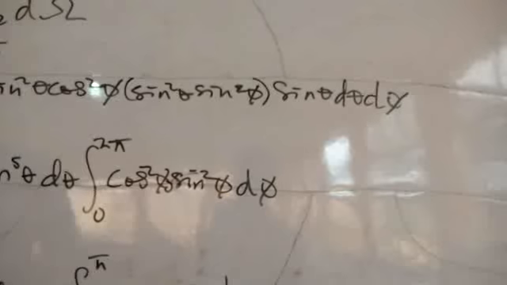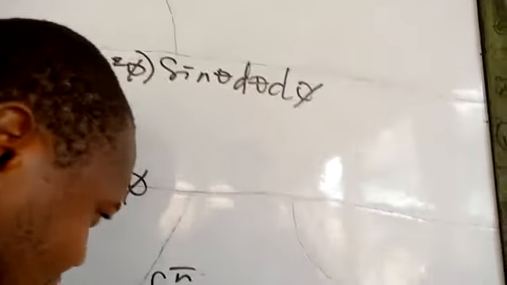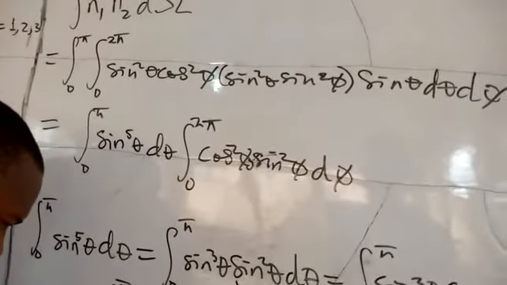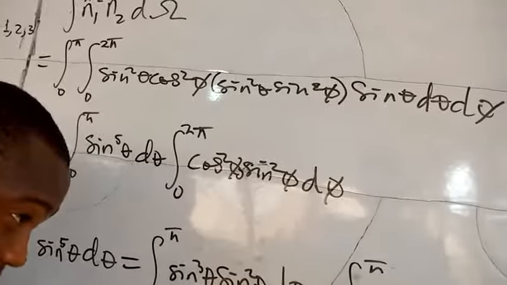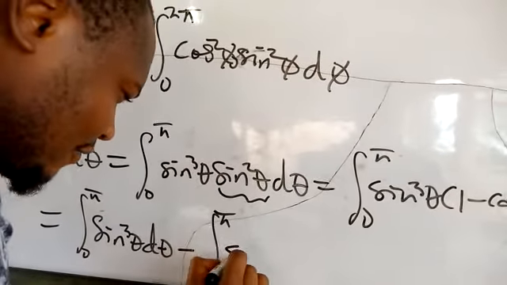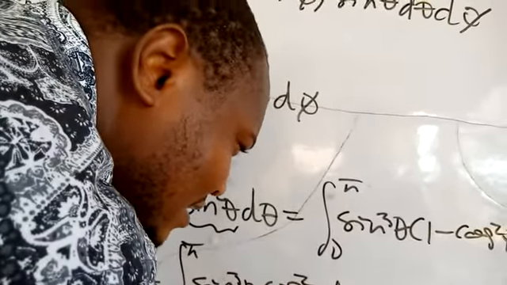And if this works out, it means I can write it further as the integral from 0 to pi of sine cube theta times 1 minus cos squared theta d theta. And this, of course, gives me the integral from 0 to pi of sine cube theta d theta minus the integral from 0 to pi of, again, sine cube theta, but I have now with me cos squared theta d theta.